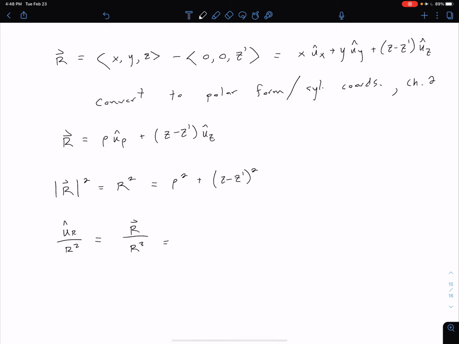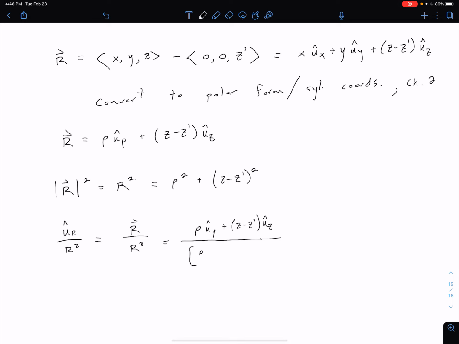And so what we can say then is that that quantity is equal to, so our r we said is rho in our rho direction plus z minus z prime in our z direction. And then we're taking our r and raising it to the 3/2 power.